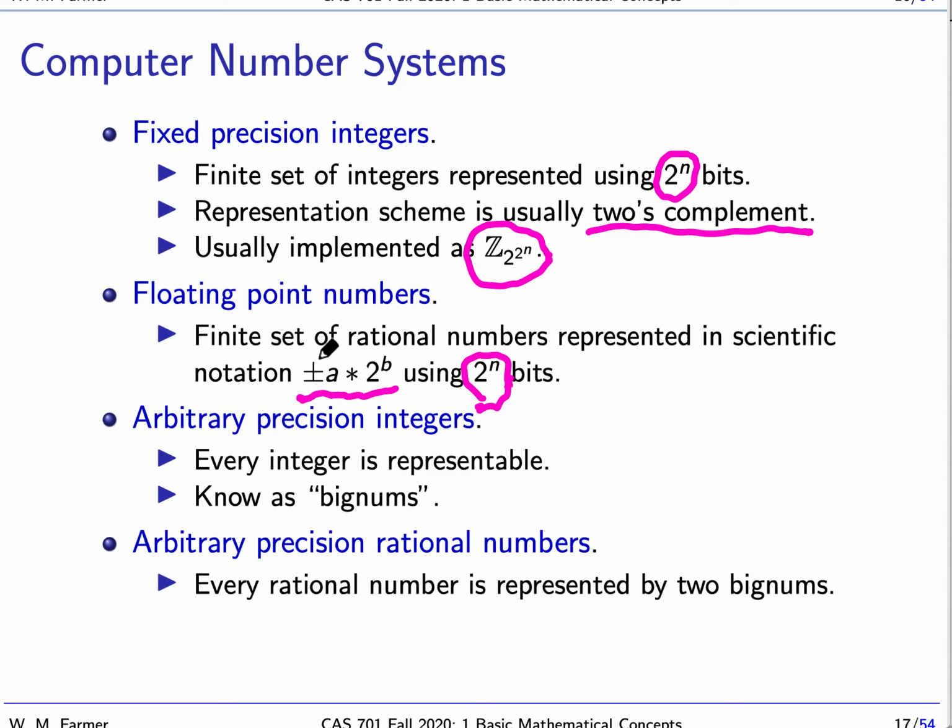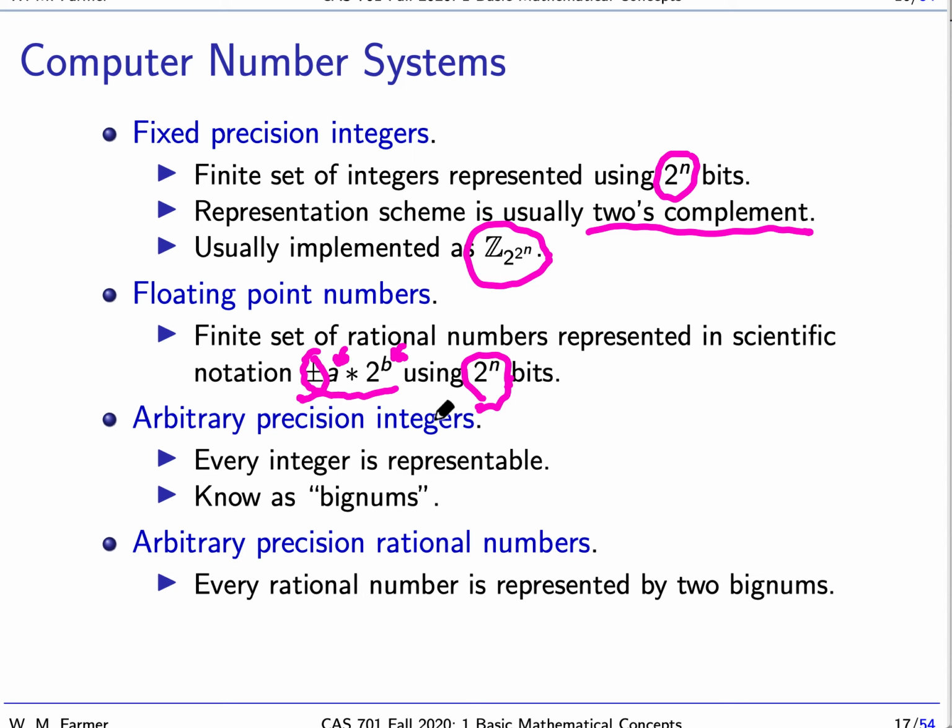And usually we have 1 bit for whether it's plus or minus, a certain number of bits for A here, and a certain number of bits for B. And then we also have to represent things like positive and negative infinity. We have to represent 0 in some way. Notice 0 does not have this form. And those are the floating point numbers.